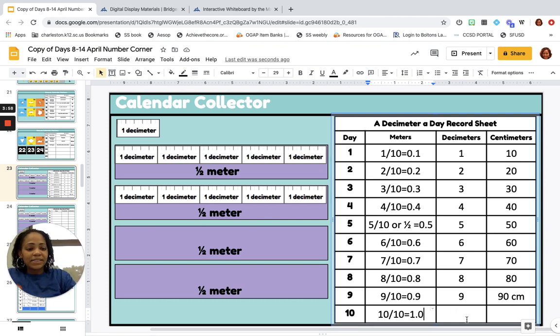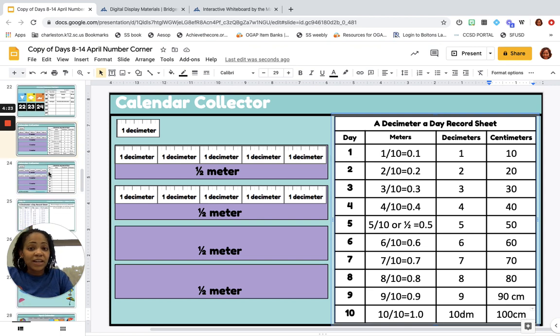So now we have 10 decimeters, and that gives us how many centimeters? How are we going to figure it out? Good. That gives us 100 centimeters. Have y'all been seeing the pattern here? If not, think about going directly from decimeters to centimeters.